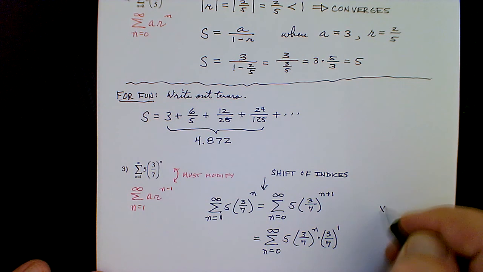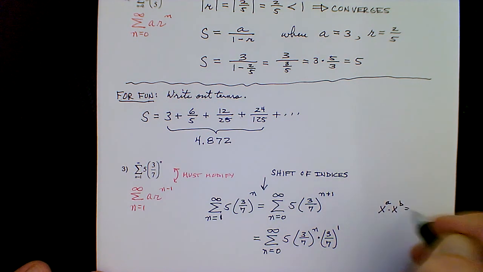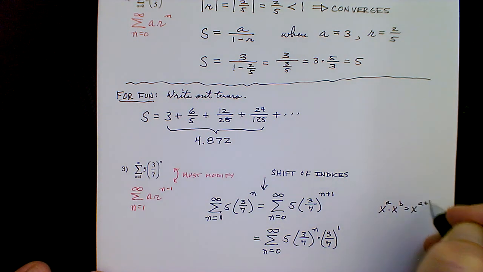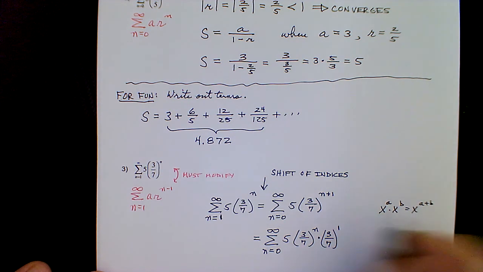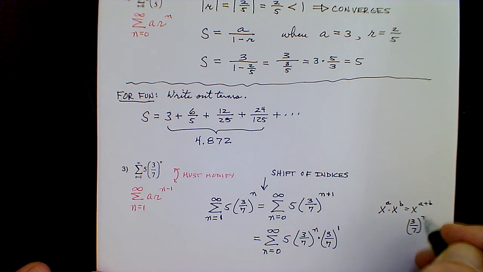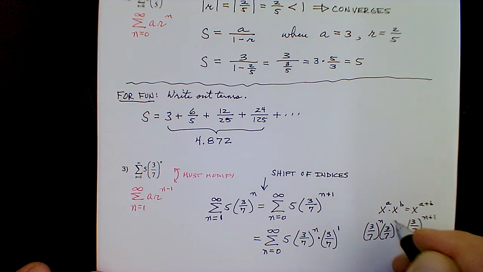I use that in reverse to write this as 3/7 to the n plus 1 to be equal to 3/7 to the nth times 3/7 to the first. This was just a side, just to show you what we did.